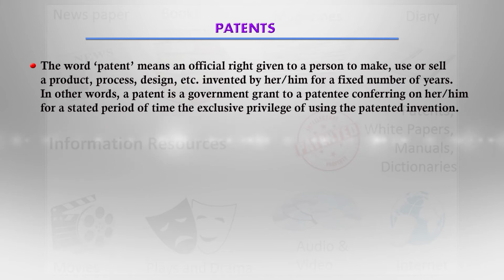It is like an exclusive privilege of using the patented invention. So, a patentee is taking the patent for something new. That is why patents also come under the category of primary sources of information. These patents are published under the gazette of that government. They are published and available to all the users of information.